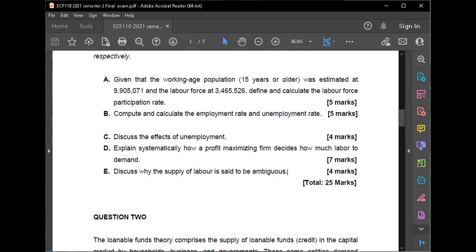So it is ambiguous because it depends on personal preferences towards current and future consumption, and leisure. So for example, look at the number of people that can be willing to work.